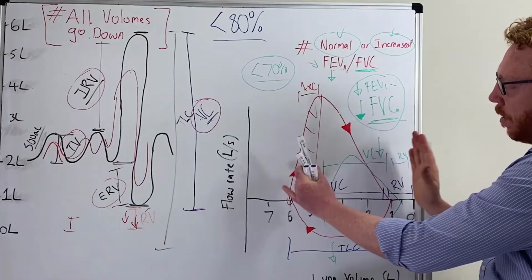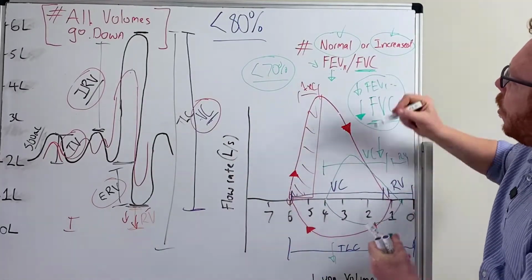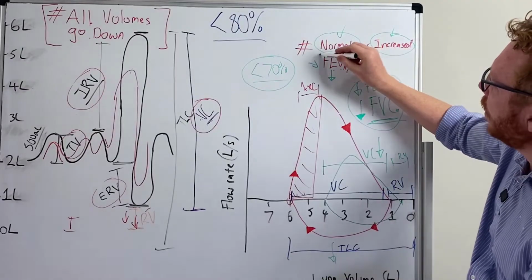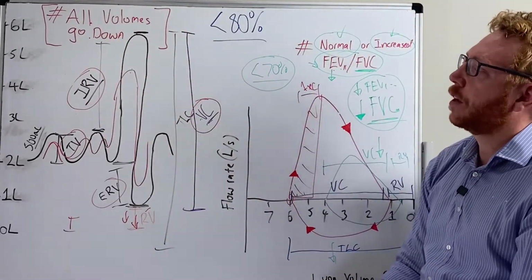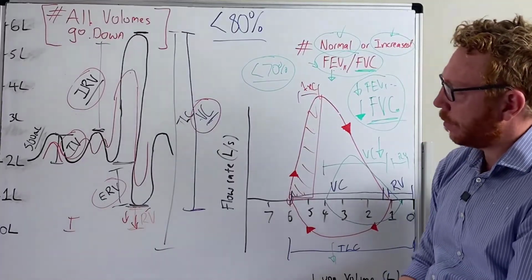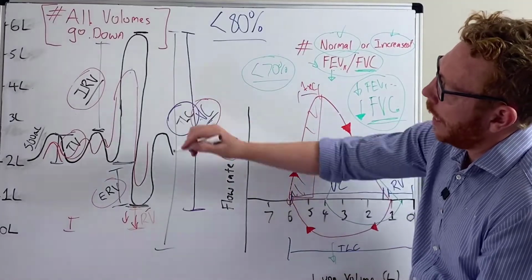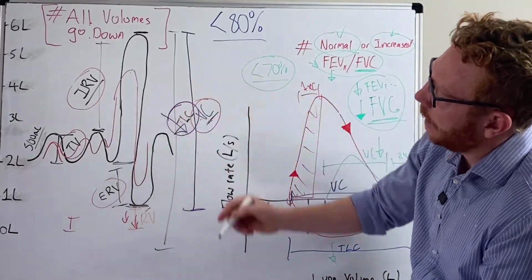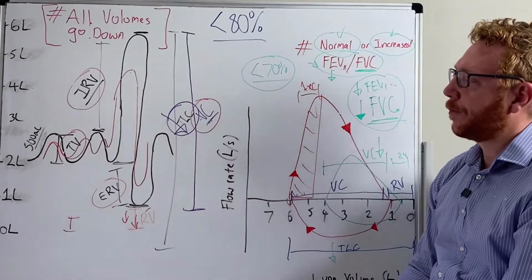So in terms of the dynamic tests, the most important thing you should be looking for is a normal or an increased value with that ratio, whereas over here in the volumes and capacities, the most important is the total lung capacity. If the total lung capacity is going down, that is restrictive, whereas if it goes up, it's obstructive.